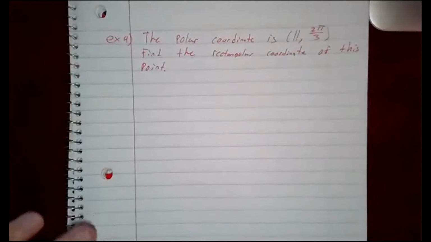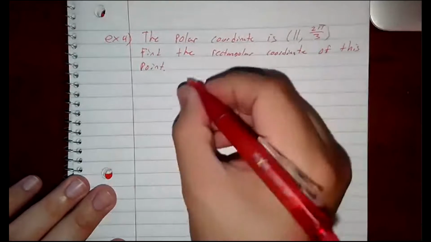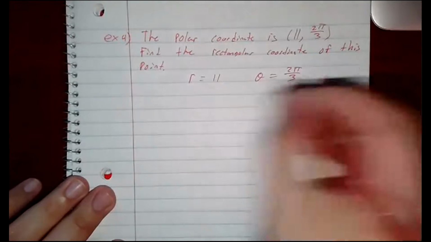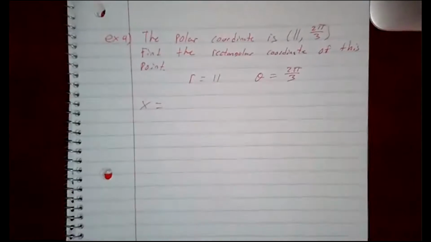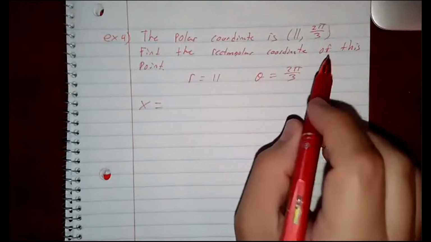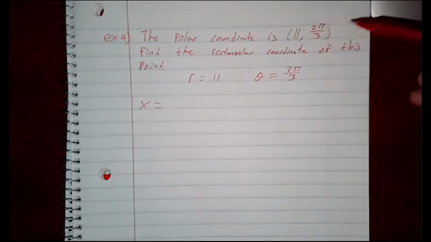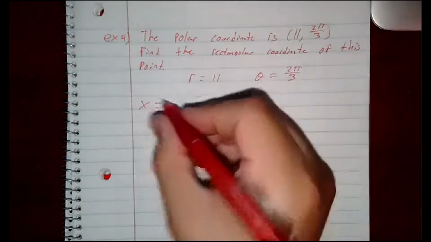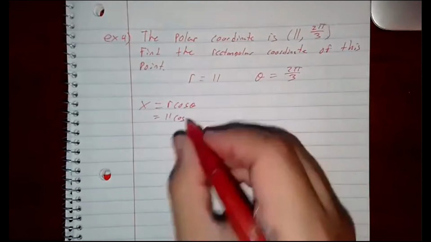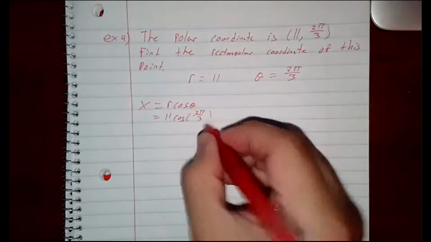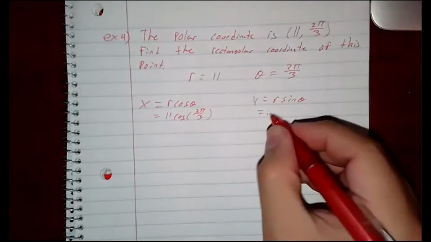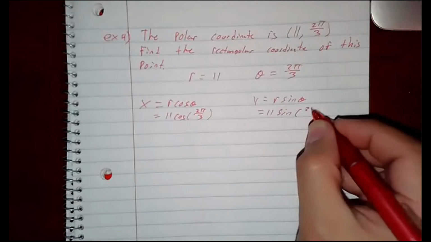All right. So write down what we know. r is 11. Theta is 2 pi thirds. So solve for x. Because when they say Cartesian or rectangular, they want you to find the x and y version of r theta. That's all we're doing. So x is r cosine theta, which will be 11 cosine of 2 pi thirds. y will be r sine theta, which is 11 sine of 2 pi thirds.